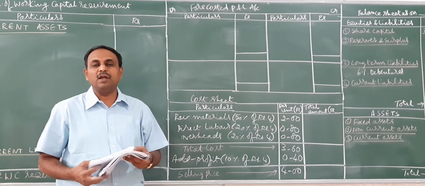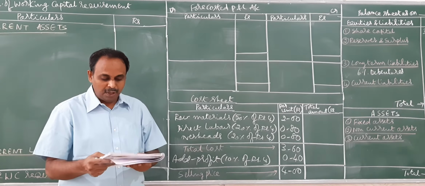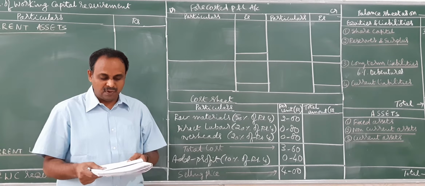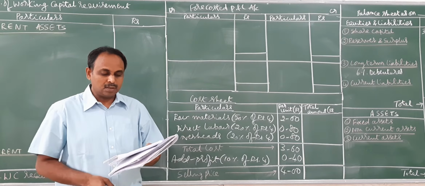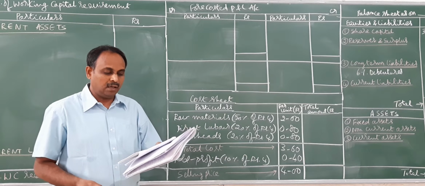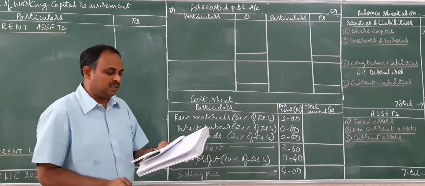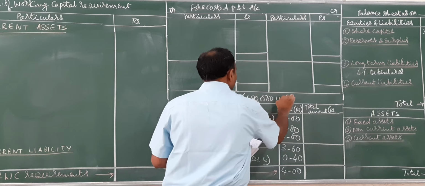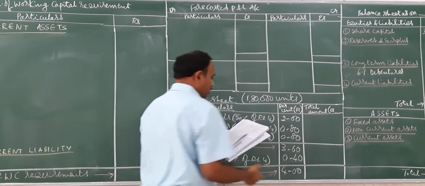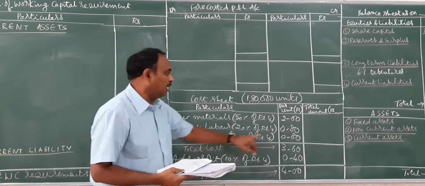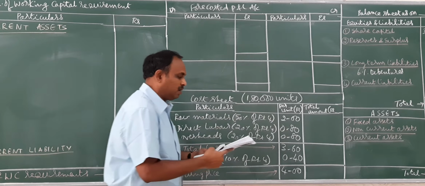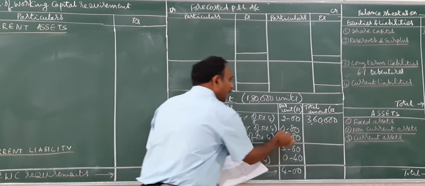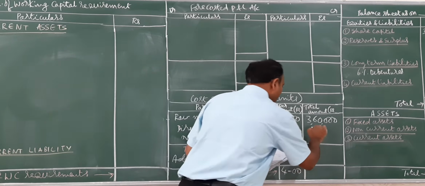Once you have per unit information, you can find out how many units have been produced. Number of units produced is given in point number E. Point number E says that the production is 1,80,000 units. So for that we have to calculate now. 2 rupees into 1,80,000, 3,60,000. 80 paisa into 1,80,000, 1,44,000.